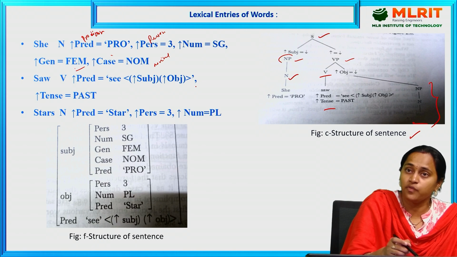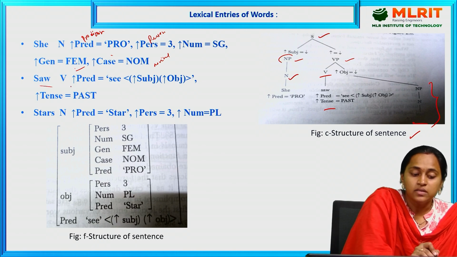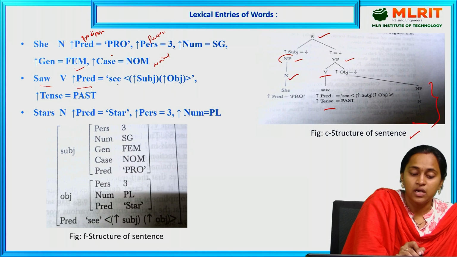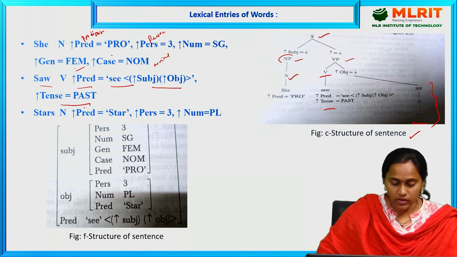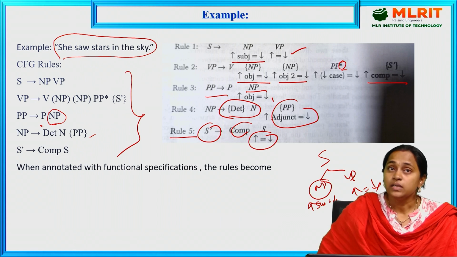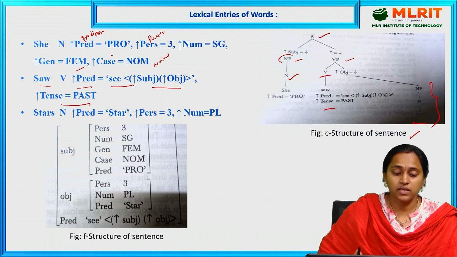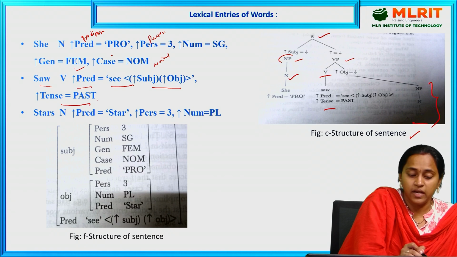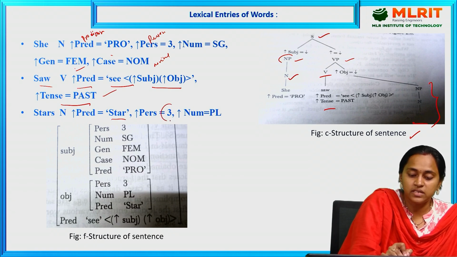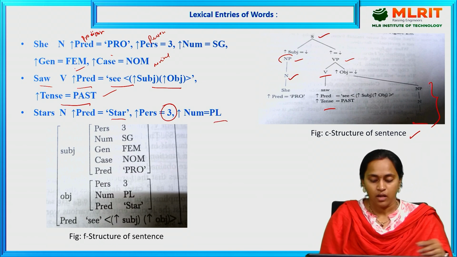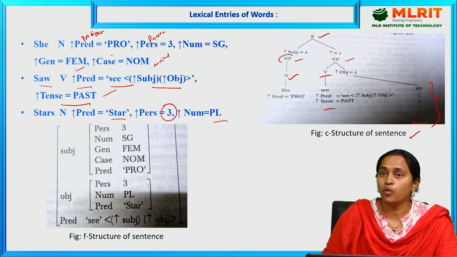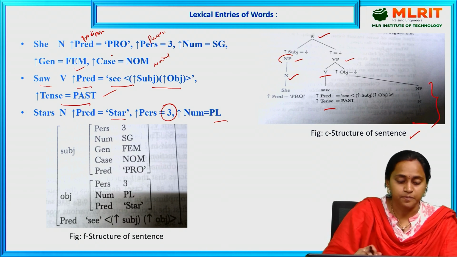We have to follow the rules, right? Saw is a verb, with predicate, subject, object, and tense, past tense. The sentence is: He saw stars in the sky. This is an already completed action, a past sentence. Stars has a predicate, star, person 3, and plural. These are the entries, how we give entries in the lexicon, right?